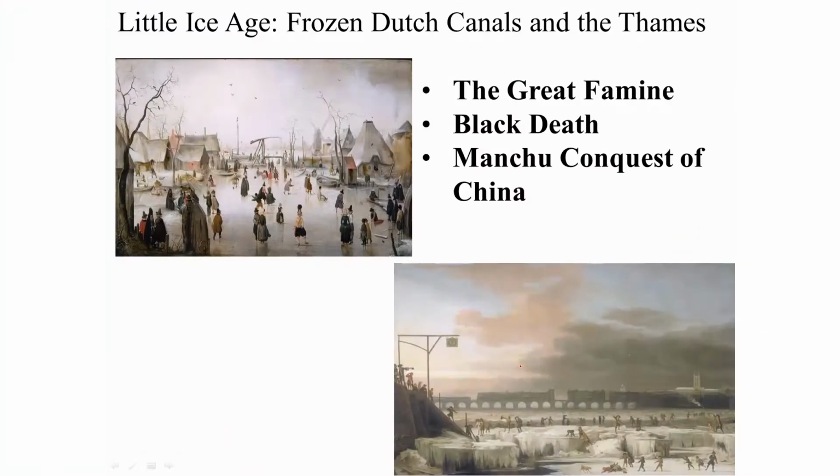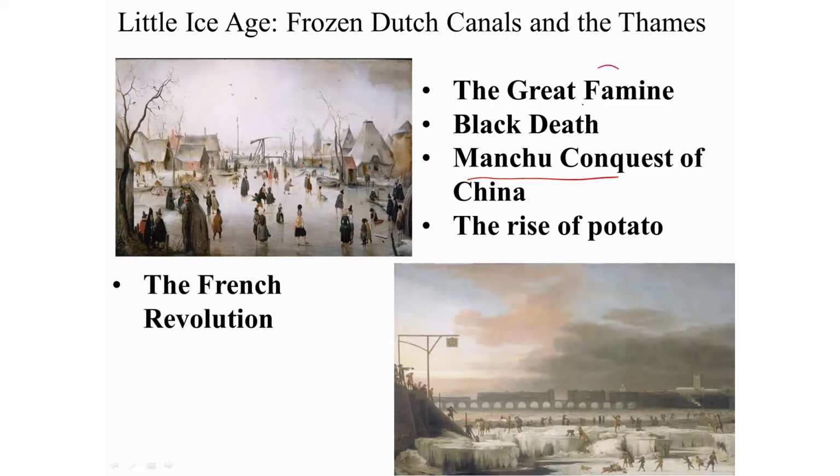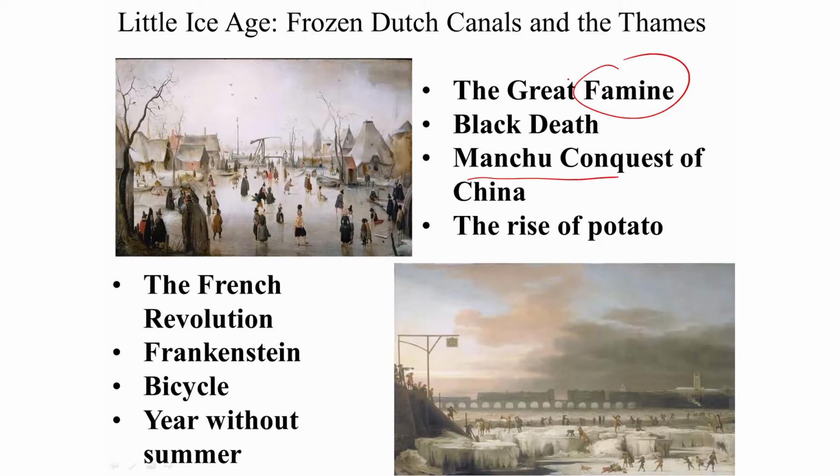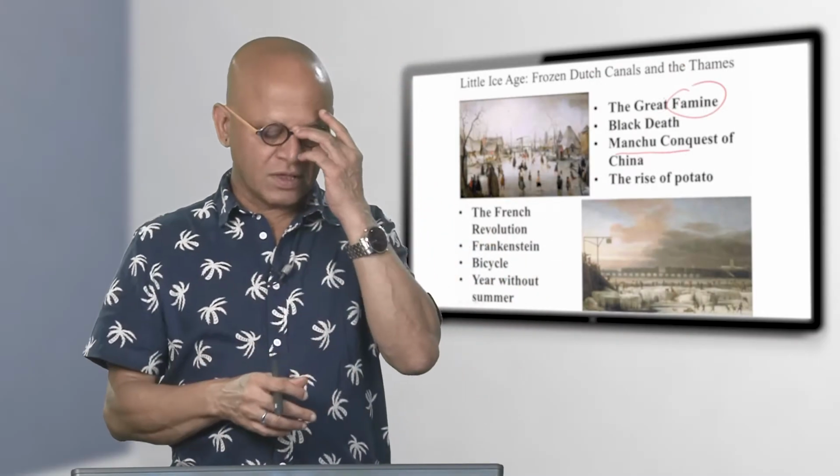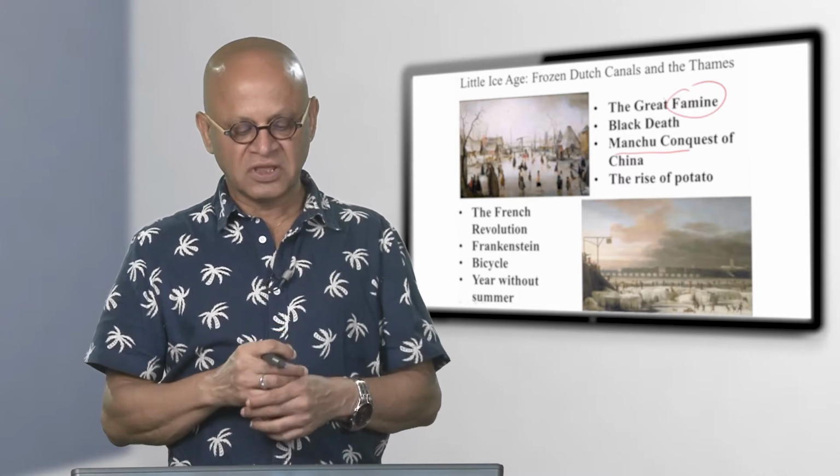So things like the Manchu conquest of China, the rise of potatoes as a way to deal with famine, the French Revolution, books like Frankenstein, the invention of the bicycle, and the Year Without Summer. Year Without Summer, as I said, is related to volcanic forcing, but volcanic forcing was one of the causes for the Little Ice Age. So there are many details.